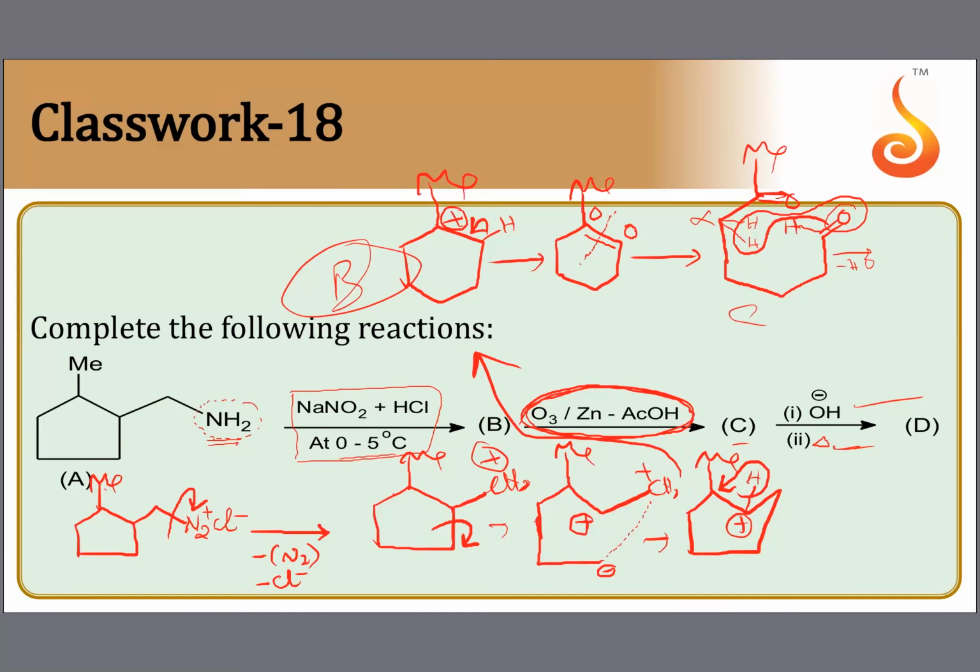So between alpha carbon and carbonyl carbon, a double bond is created. So between these two, double bond, right? That's all. That is the product.